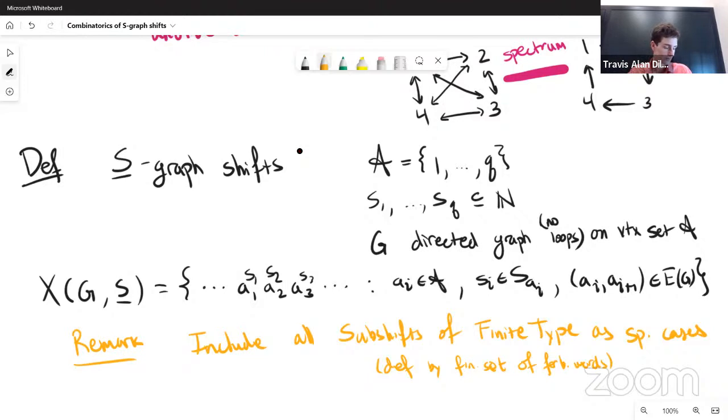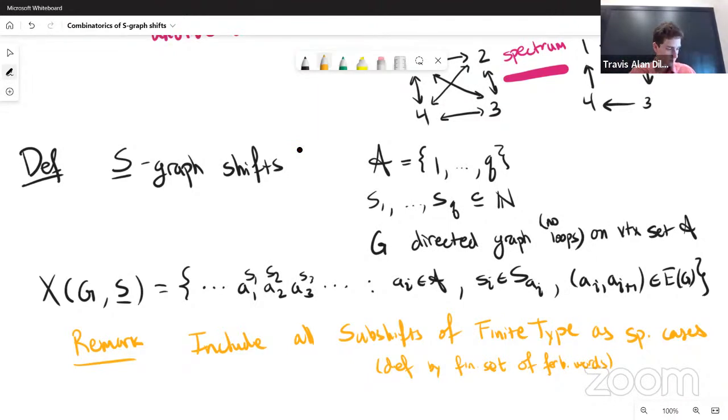So, to make sure this motivation is pure, this statement that includes all SFTs is not true for any of the S limited shifts. So it's really the first generalization in which this is true, and it's nice in that manner.